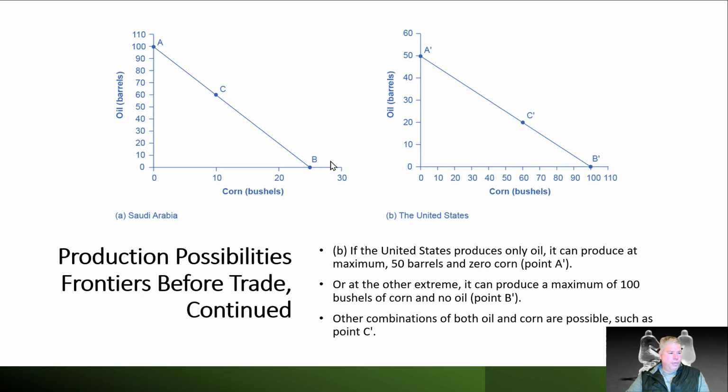So if, for instance, the world was able to have the Saudis produce only oil and the United States produce only corn, you would get 100 barrels of oil and 100 bushels of corn.